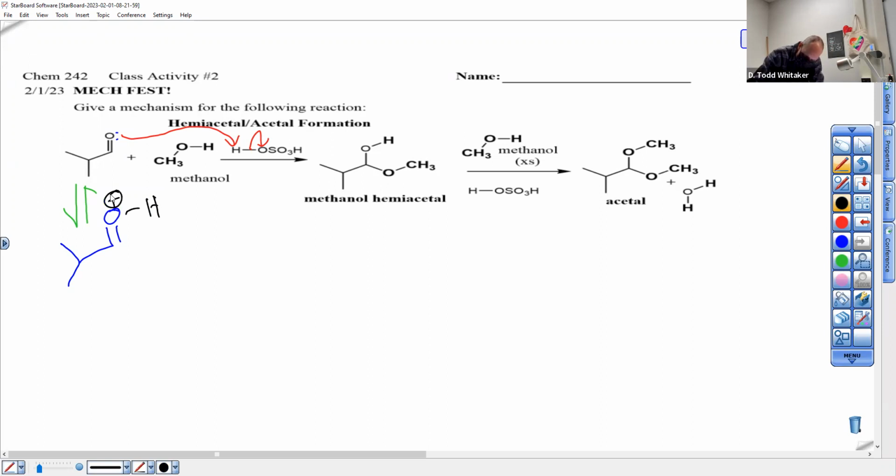Here we go. Activated carbonyl, even a lousy nucleophile like methanol. Okay, that's strange. Methanol can attack an activated carbonyl, otherwise not interested.